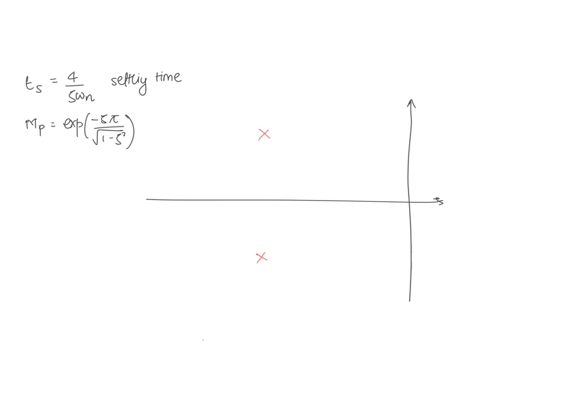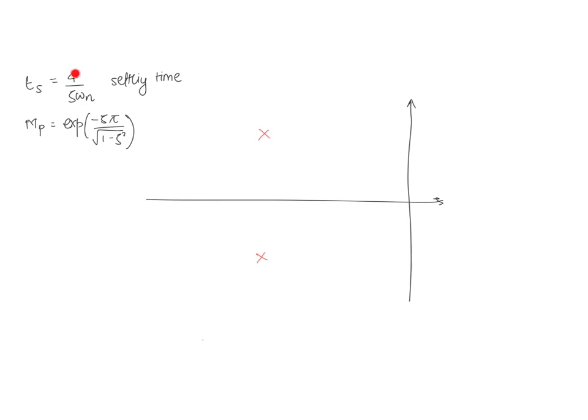Here's one thought. 4 divided by zeta omega n is the settling time, which means that the larger the value of zeta omega n, the smaller is the settling time.